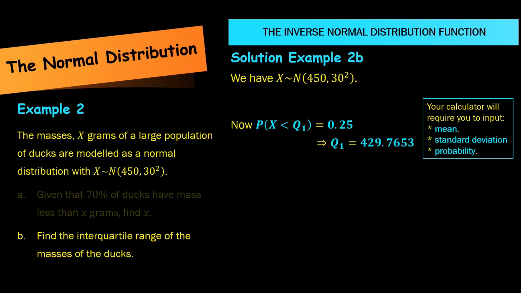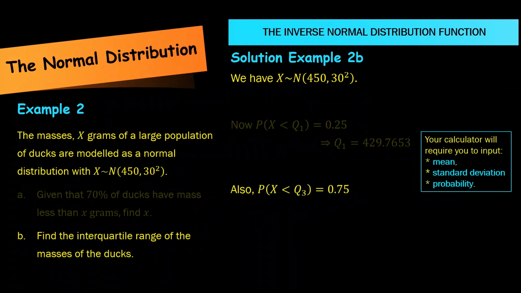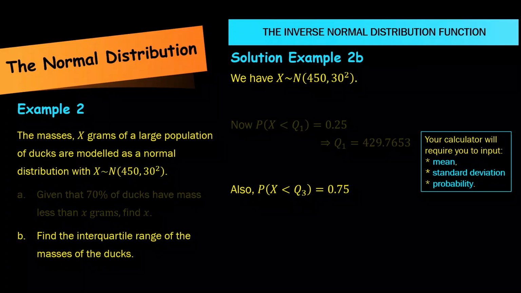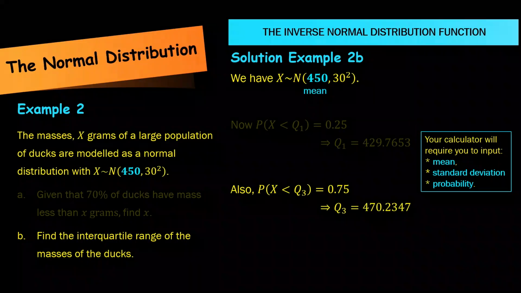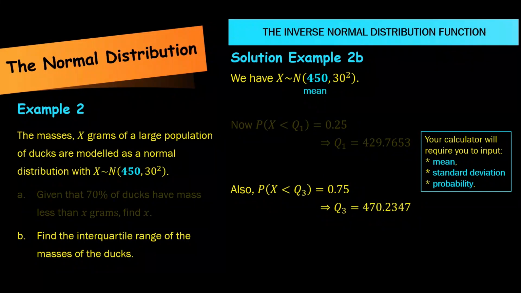We also have, from the definition of Q3, the upper quartile, that the probability that x is less than Q3 equals 0.75. So again, in our calculator, we can input the mean, the standard deviation, and the probability in order to find the value of Q3. So in our example, the mean is 450, the standard deviation is 30, and the probability is 0.75.